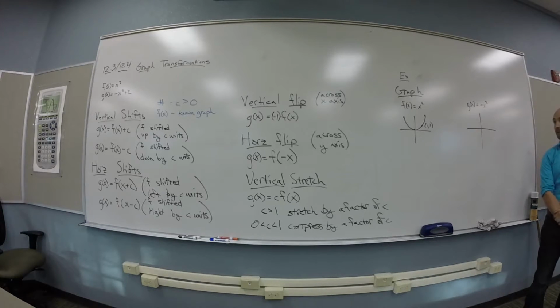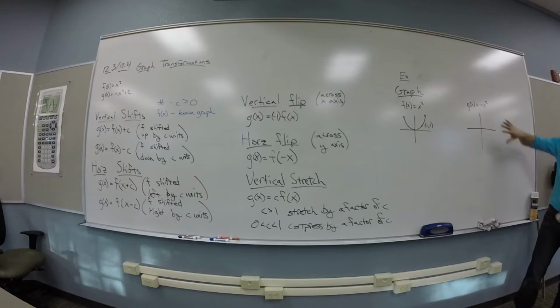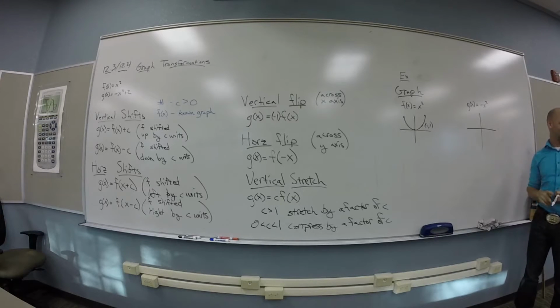Which rule am I doing? Same one, but you flip it. Okay, this is a multiplication by negative 1. Now is it a flip this way or a flip that way? Flip that way. Why? Because it's a negative. Because it's a negative? The other one would be a negative too. Because it happens inside the function, not outside of it.